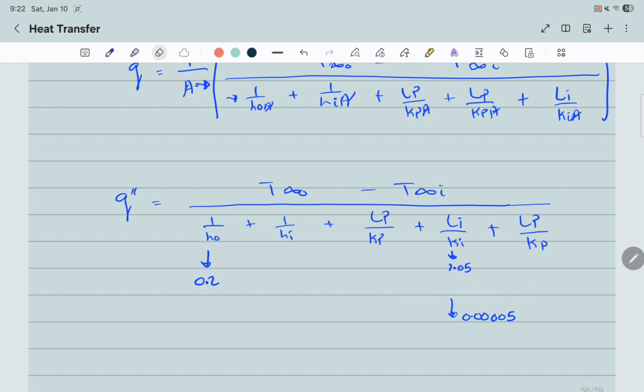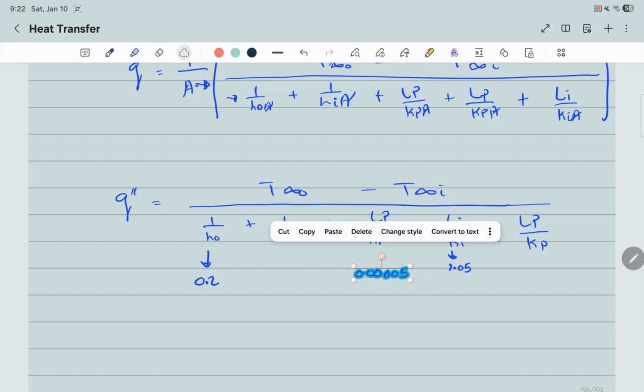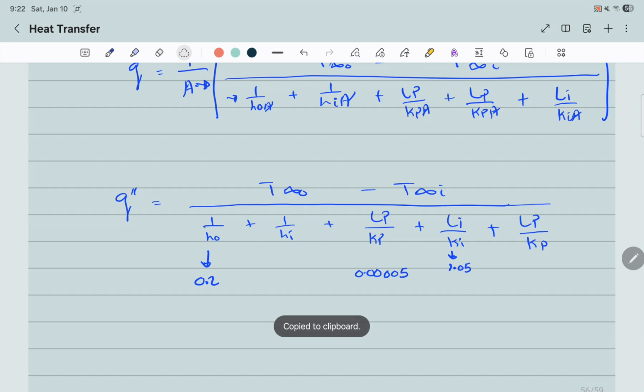So I will say that each one of these will equal this value here. Not the total of these two terms, but each term has a value of 0.00005.